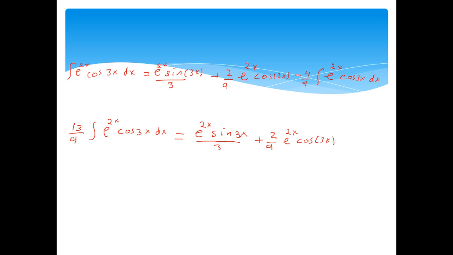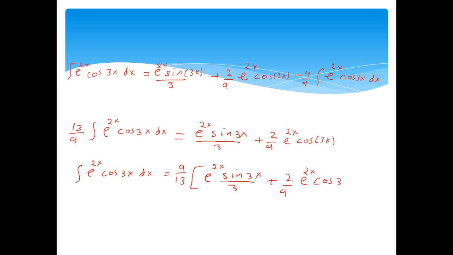So now we say that the integral of e to the 2x cosine of 3x that we started with equals 9/13 of e to the 2x sine 3x over 3 plus 2/9 e to the 2x cosine of 3x. So that should be the final answer.